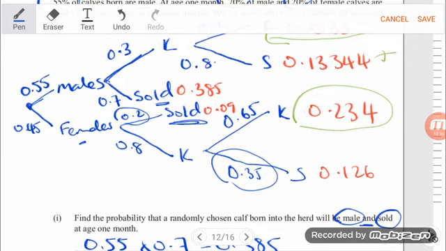They didn't ask us for what's at the 1 month and then the 3 month mark. They just want to know overall. Now remember, when we're moving down these branches, we're multiplying. So we've got the 45% females times something, let's call it P for proportion, is equal to the new amount here.